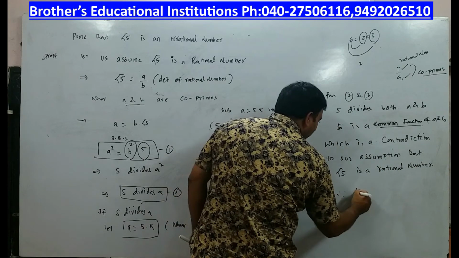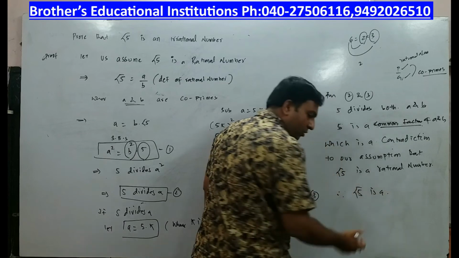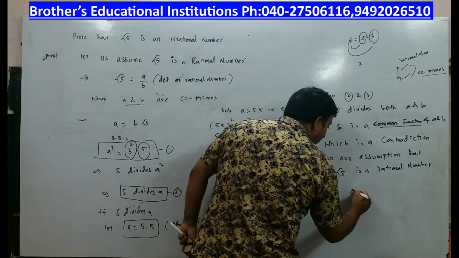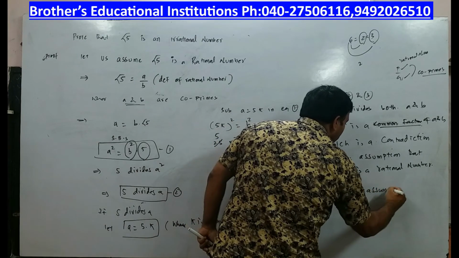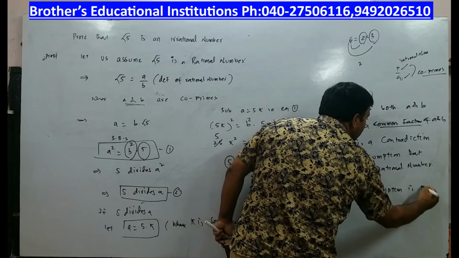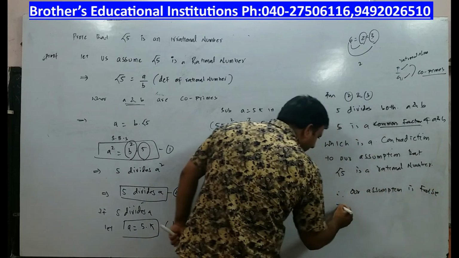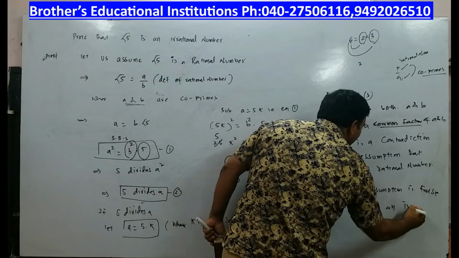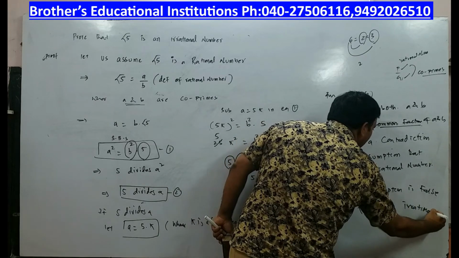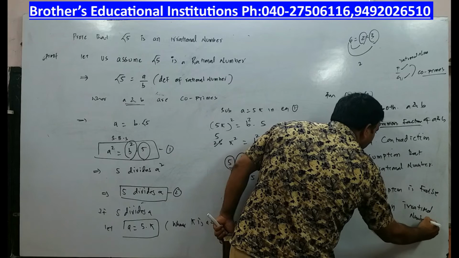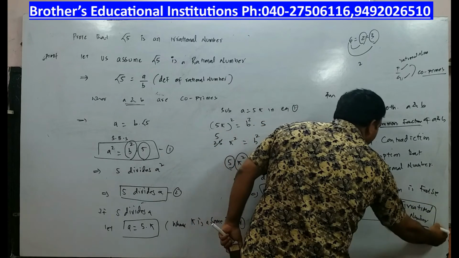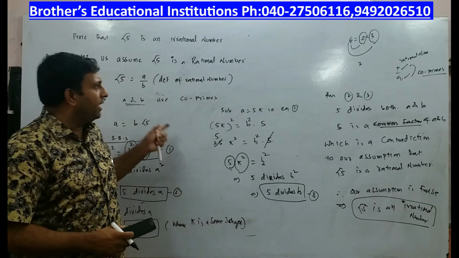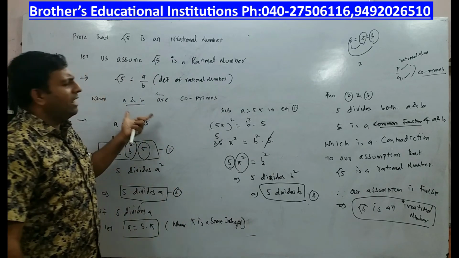Our assumption is false. It implies root 5 is an irrational number. Root 5 is an what? Irrational number.